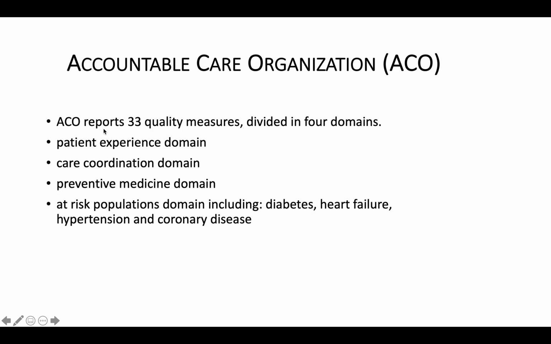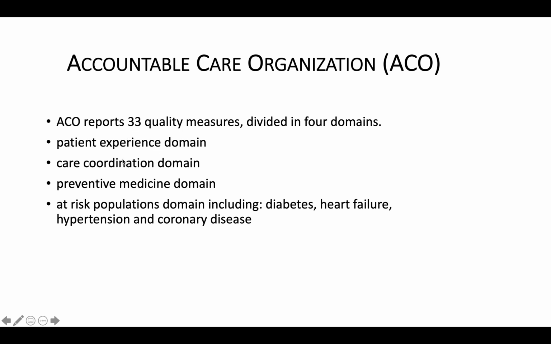ACO typically, when it was first established in the United States, reports 33 quality measures that have been divided into 4 domains: patient experience domain, care coordination domain, preventive medicine domain, at-risk population domain, including chronic diseases.